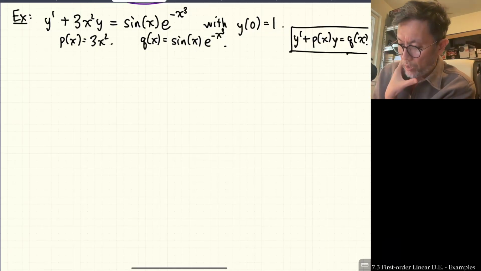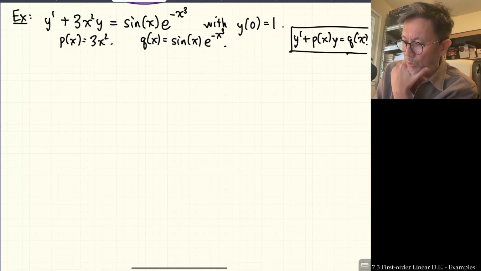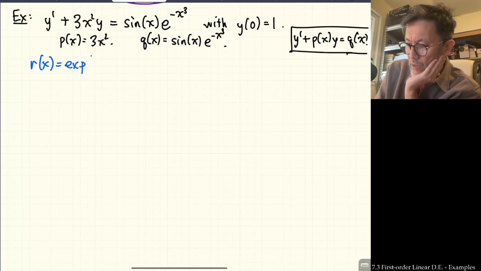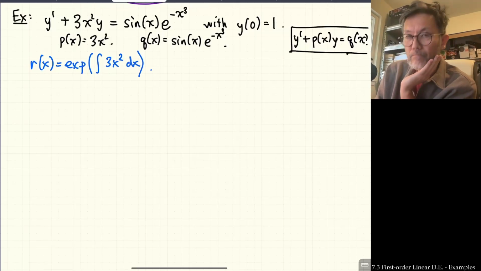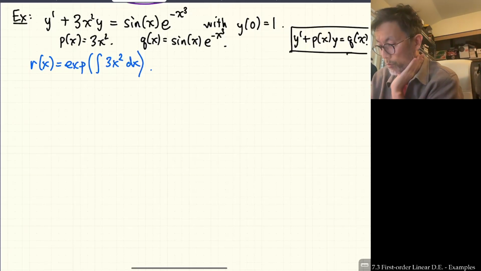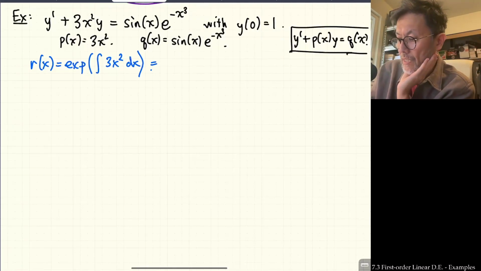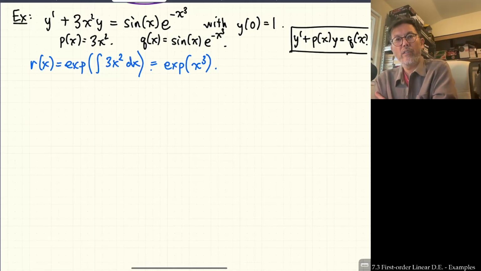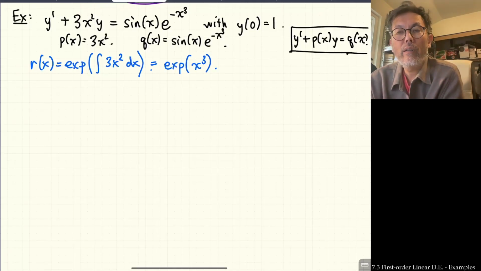Then the integrating factor, which I think I was doing in blue, is r of x. This is exp of an antiderivative of 3x squared dx. And what does this end up being, of course? This ends up being exp of x cubed, e to the x cubed.